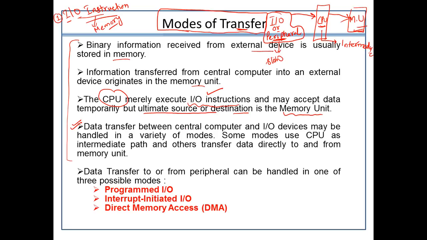Data transfer between the central computer and IO devices may be handled in a variety of modes. Now, as I said, the CPU could be acting as an intermediary. First of all, the peripheral will send the data to the processor, and from the processor the data will be forwarded to the memory unit, and this is how the entire data transfer will take place.